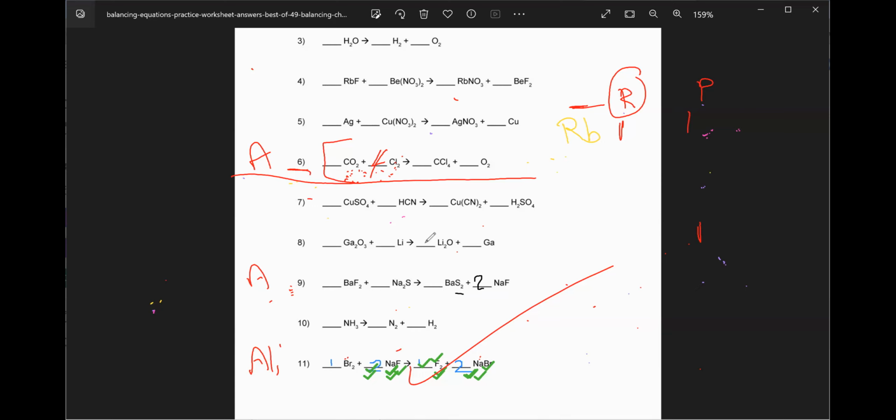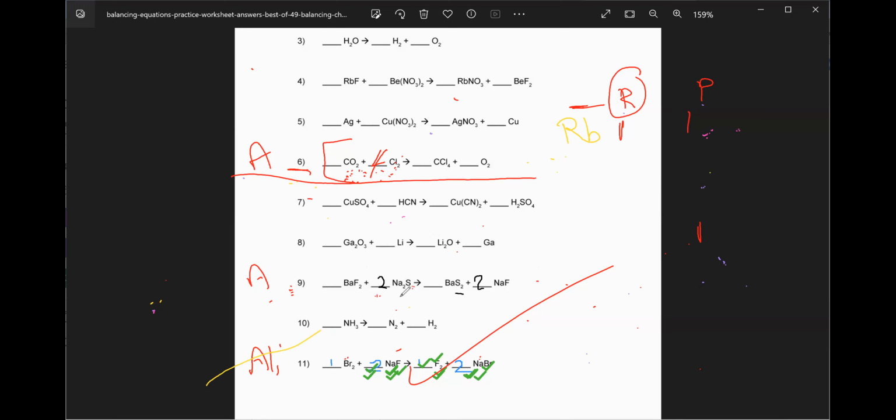If we add it here, it is going to change to 4. Why do you need to add here? Because it makes it balanced with the product.